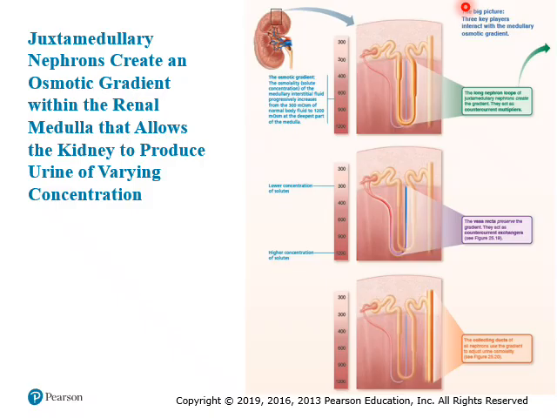The more water that diffuses out of the descending limb, the saltier the filtrate becomes. The ascending limb then uses the salty filtrate to further raise the osmolality of the medullary interstitial fluid.